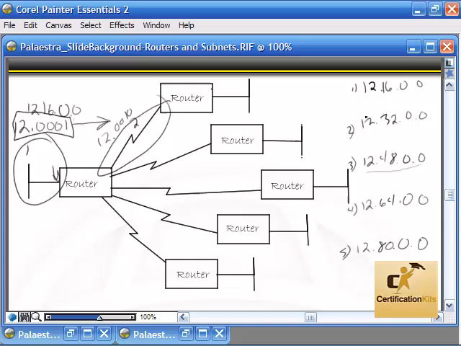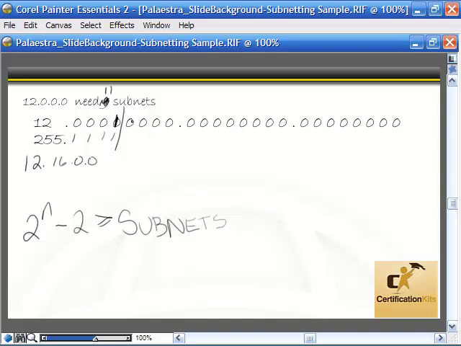We need to know what IPs we can actually type in though. So I've got 12.16 is a subnet, but what's the complete valid range of IPs for this subnet? Let's go back to the IP slide and take a look at that. Alright, I've cleaned this slide up, and now what we're looking at are the valid range of IPs for the 12.16 subnet.